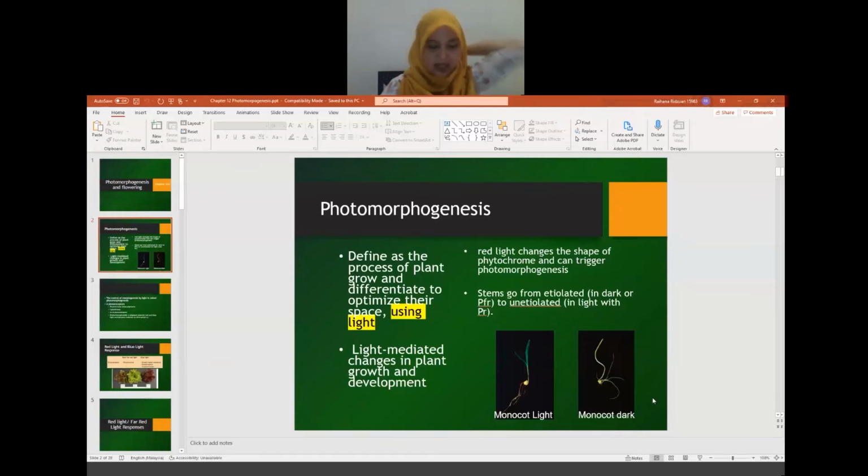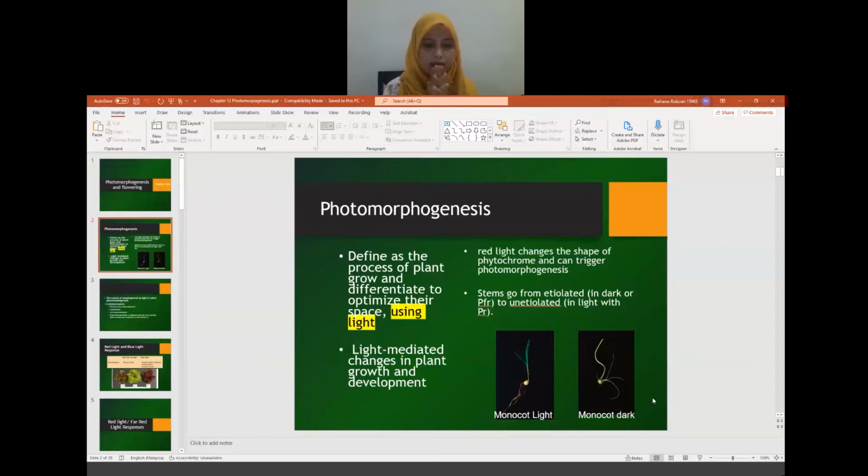Sensing the light in the environment is very important for the plant for competition and also survival. This response is mediated by different photoreceptors. Later on, we're going to look at the photoreceptors present in plants. They have a lot of photoreceptors, so for your lecture, I want to focus on those important for you to know.